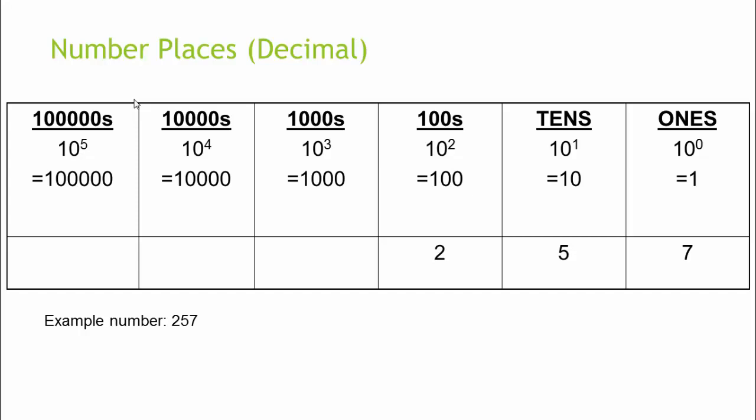And this is exactly how we can represent, with only 10 characters, a very large number of things. So we think of that as 2 times 100 plus 5 times 10 plus 7 times 1 equals 257. And you know all that. But you may not think about it very often anymore.